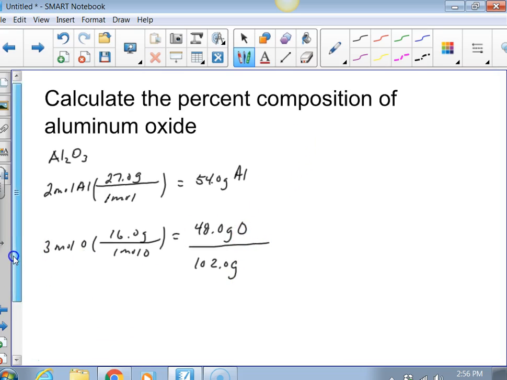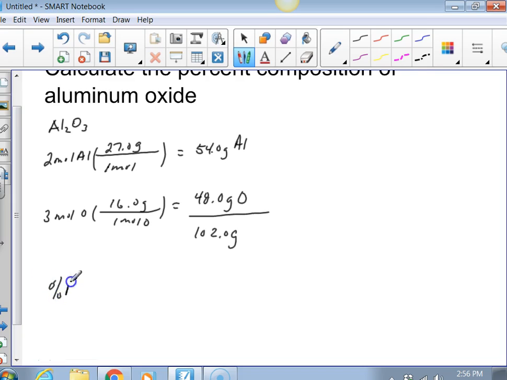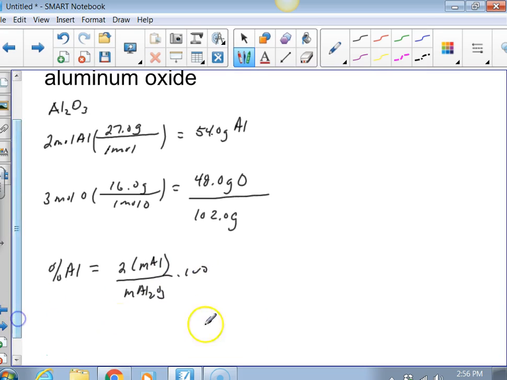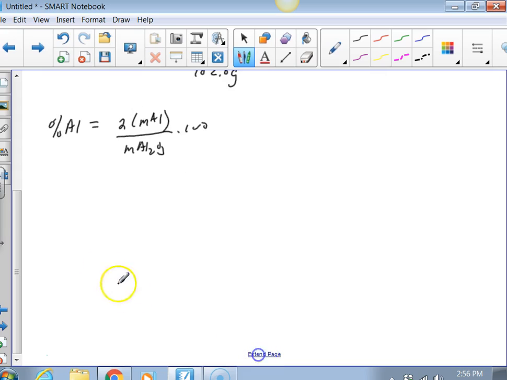So our percent aluminum is going to equal 2 times the mass of aluminum divided by the mass of everything, Al2O3, times 100. And our percentage of oxygen is going to be 3 times the mass of oxygen divided by the mass of Al2O3 times 100.